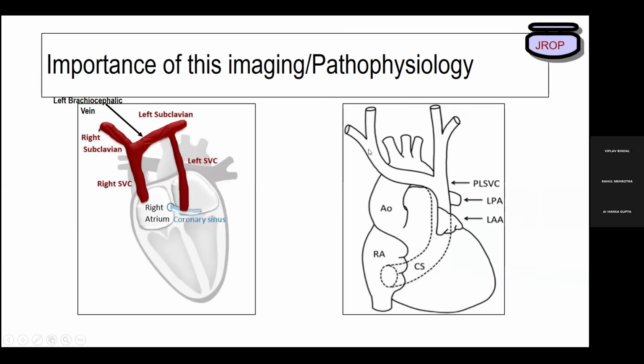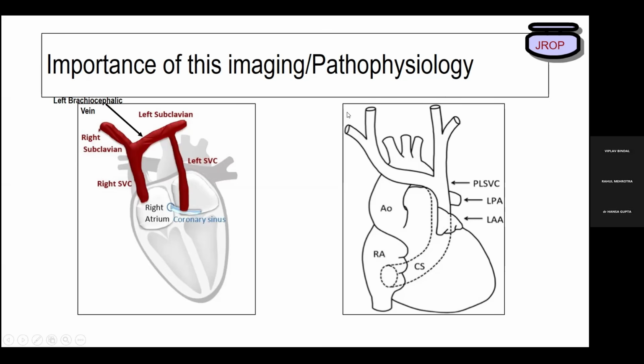Suppose I give a contrast to the right arm, and it comes only to the coronary sinus and then to the right atrium. And if I give a contrast to the left hand side, the same thing happens. Then it means I have an absent right-sided SVC. I hope you understand. Let me revise. When I gave contrast in the left arm first, it opacified the coronary sinus and then the RA. Normal phenomenon, dilated coronary sinus.